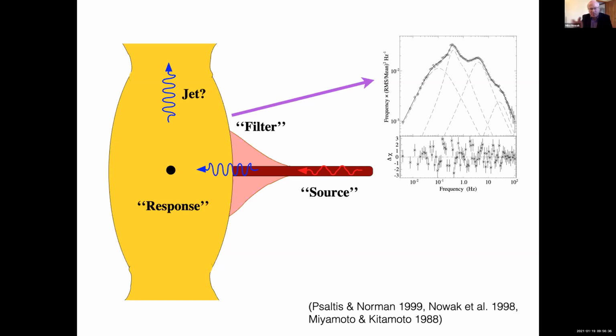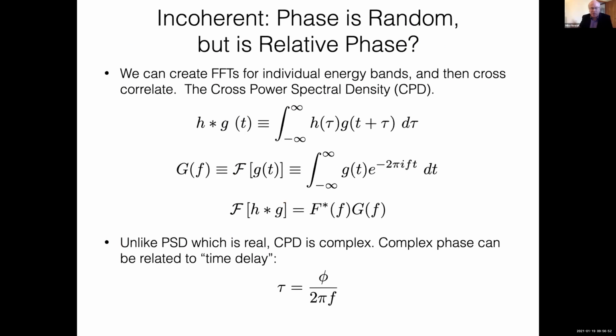And as this transition region between disk and jet moves in and out, the spectrum changes as well, at the same time as the frequency and amplitude of these response components change. So that's one of the nice reasons for looking at things in Fourier space.